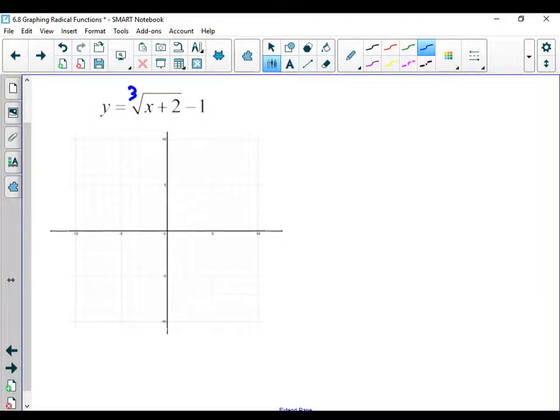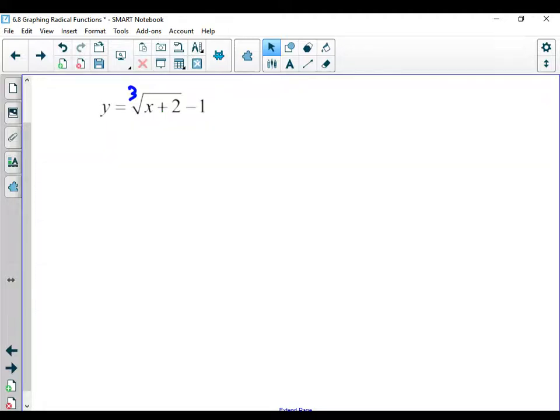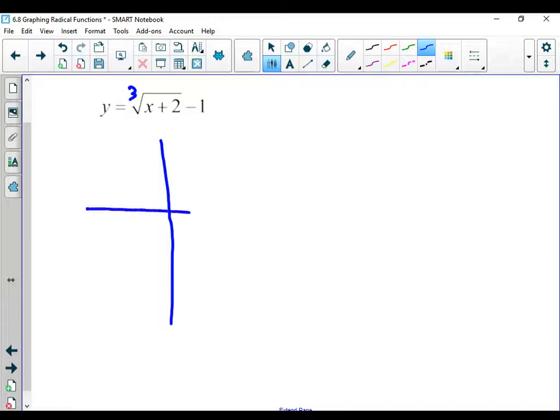Go ahead and do your dots for your parent function. Acknowledge the transformations. And then use that to then move the dots.